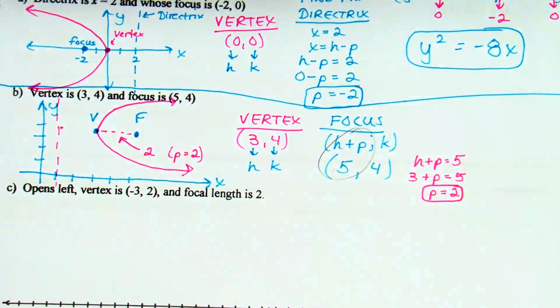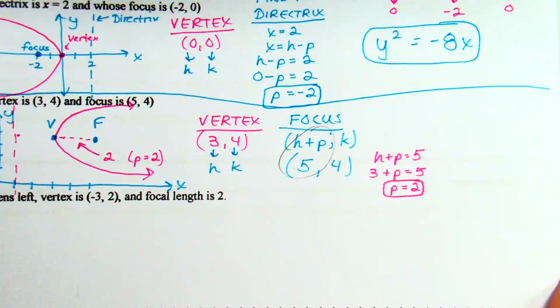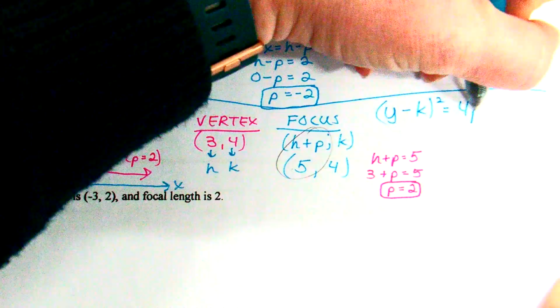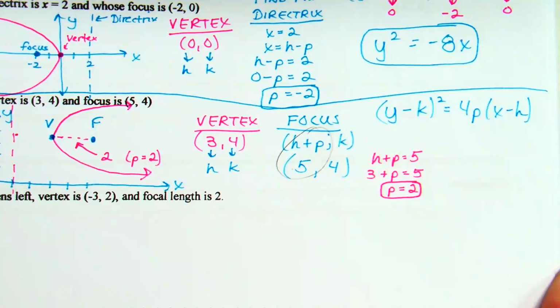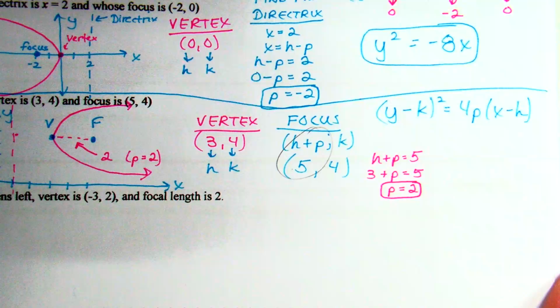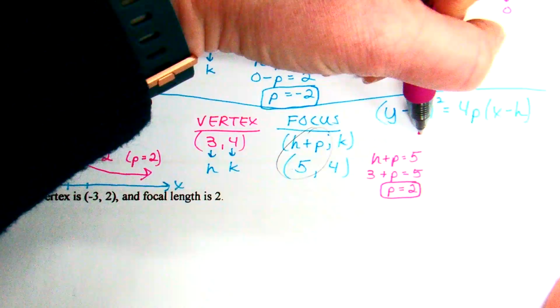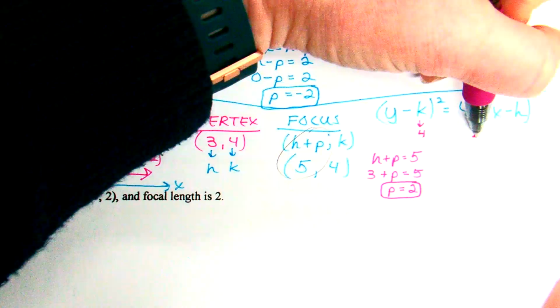Okay? Ready to write an equation? Again, it was second column. So (y minus k) squared equals 4p times (x minus h). And what can we fill in? K is 4, P is 2, and H is 3.